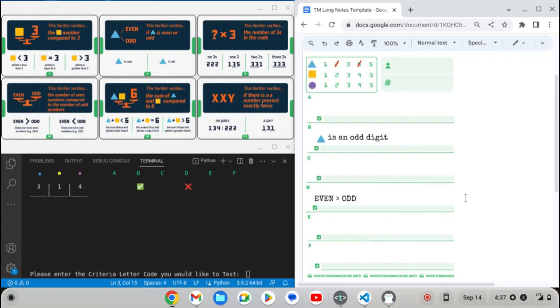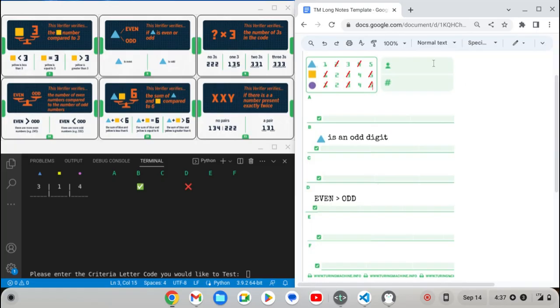Okay, so notice that since triangle is odd and we have more even than odds, that means that square and circle must both be even. So that means I can cross out all of my odds in square and circle. So we're basically looking at a solution that is odd, even, even.